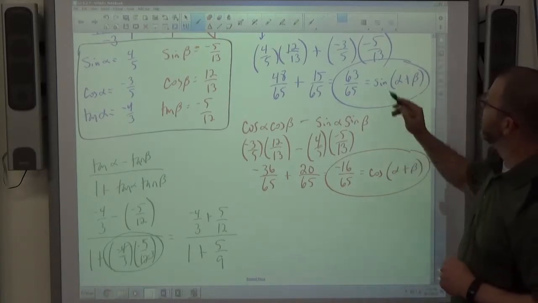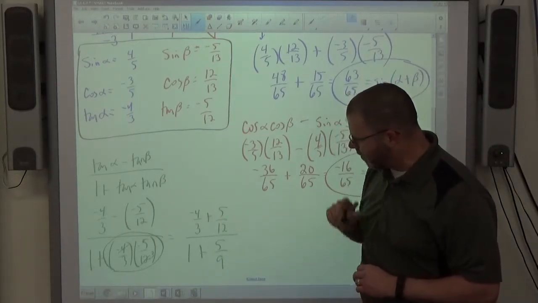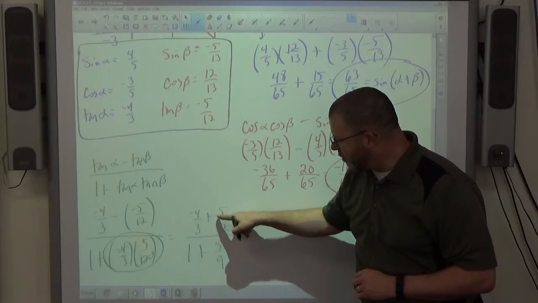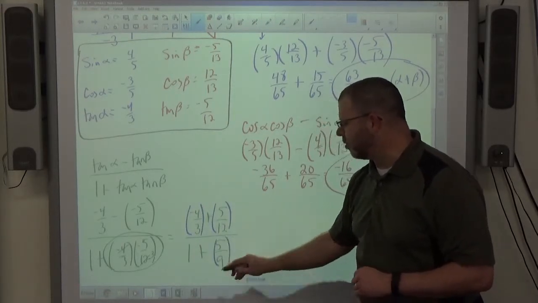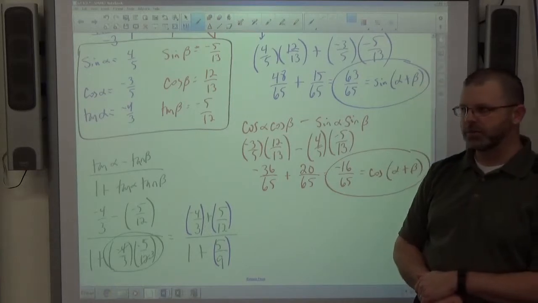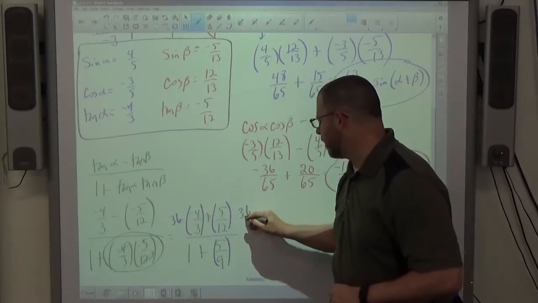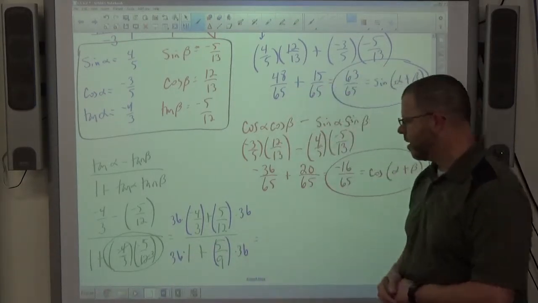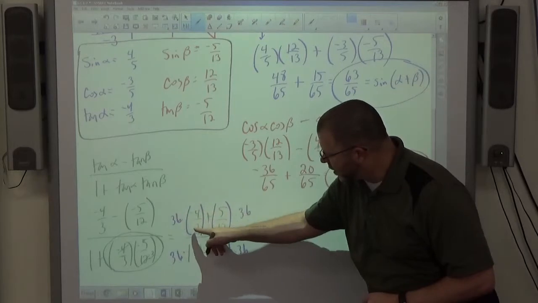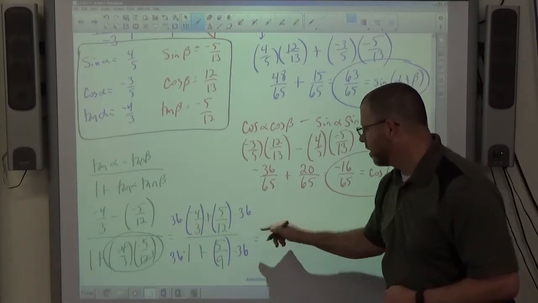At this point, looking at the structure of the expression, I've got fractions inside of fractions, so I want to multiply by the least common denominator of all those fractions, which would be 36, times every object, even the non-fractions. So if I do that, 36 divided by 3 is 12 times negative 4 is negative 48.